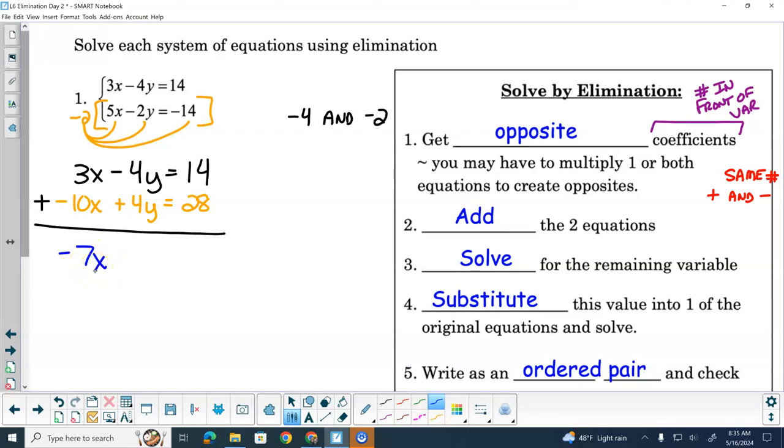Negative 4 plus 4 is 0, that goes away. That's the elimination that we needed. We eliminated the y. Now these are big ones: 14 plus 28.